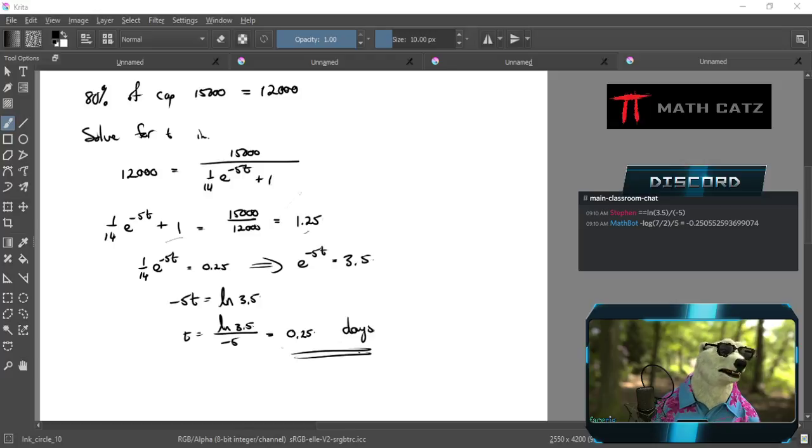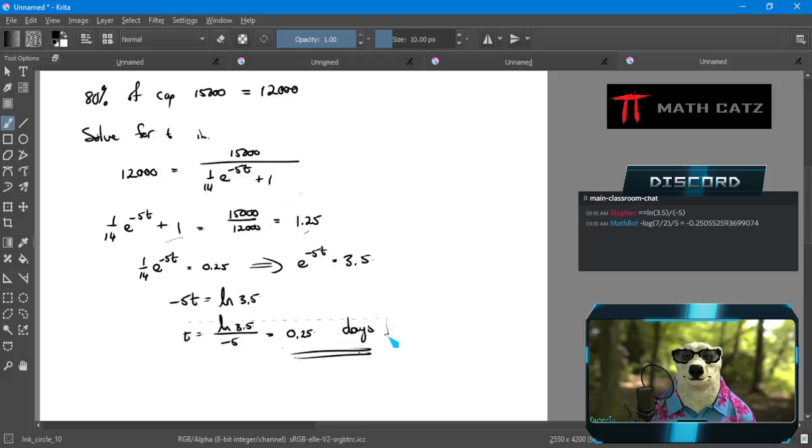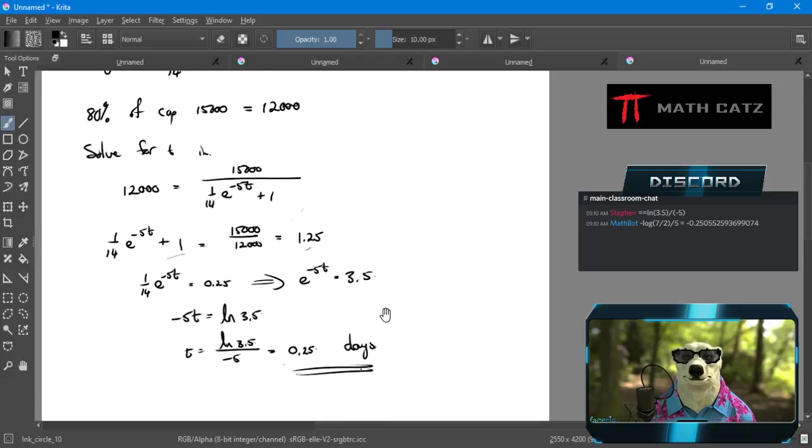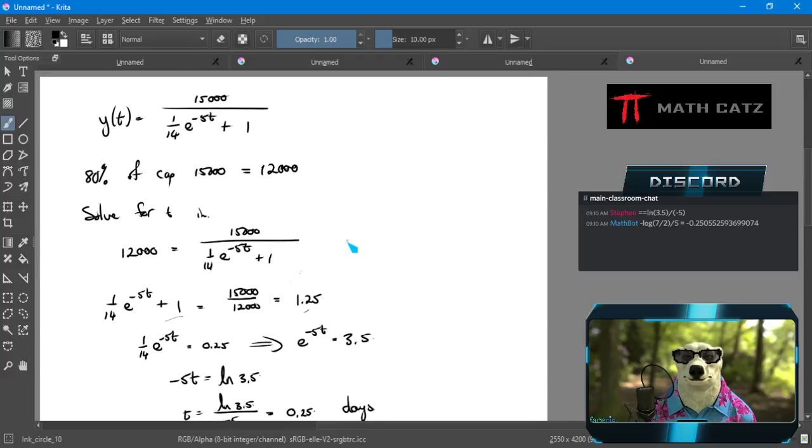Oh, I see, I did do it right last time. That looks very strange. Anyway, you get the idea. If there is a typo, I'll attach a little correction at the end. But regardless, we have our function.